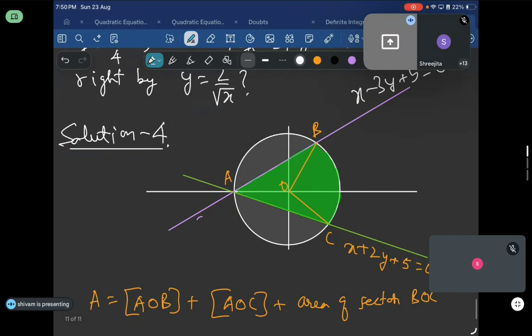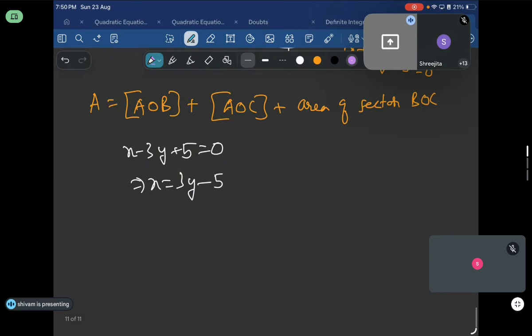Try to understand, I am creating an equation in terms of y. Why? Because y is the height of the triangle. So create both equations in terms of y. When you substitute x equal to 3y minus 5, what do you get? 3y minus 5 whole square plus y square will be equal to 25.